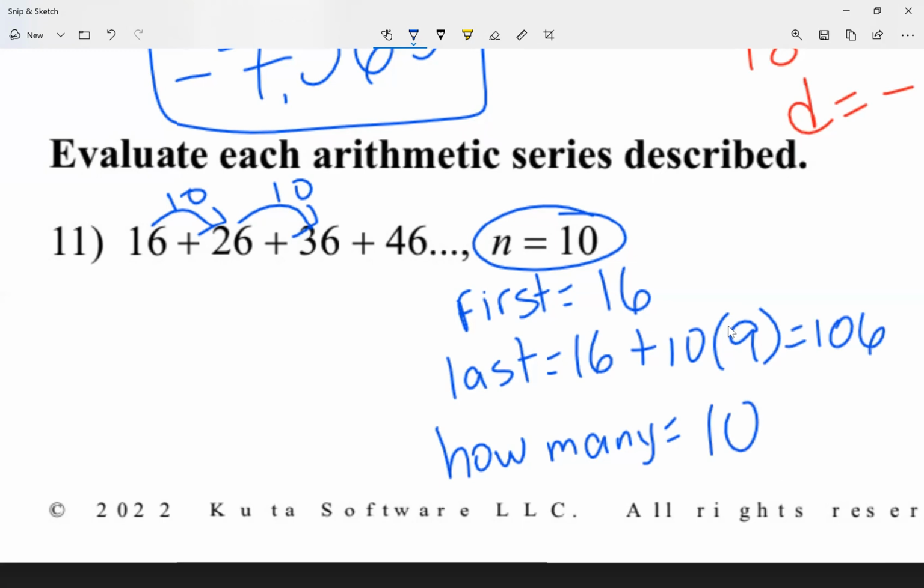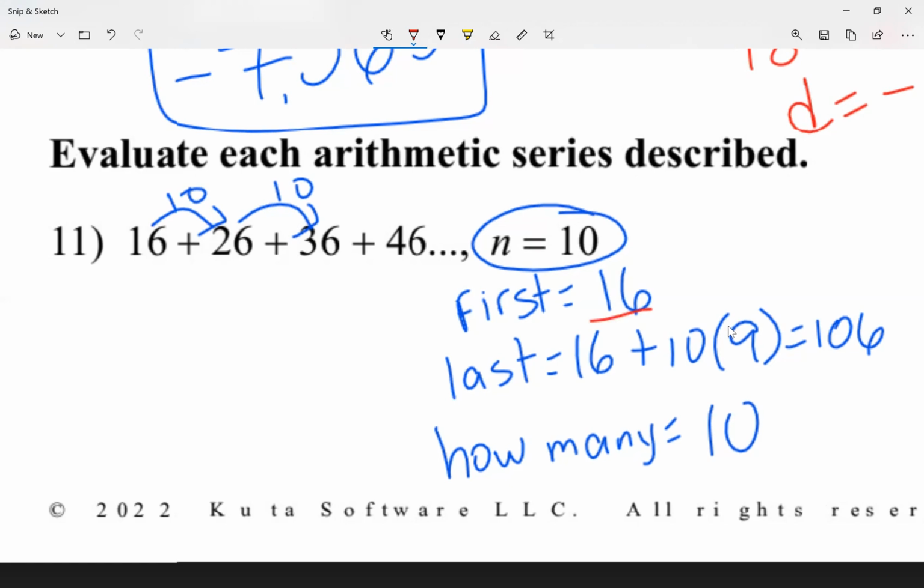All right. The way we're going to add all my numbers, remember Gauss, the way he was given was add from 1 through 100. So his first number was 1, the last number was 100, and he was adding 100 numbers. The way he did this was he added the first plus the last number.